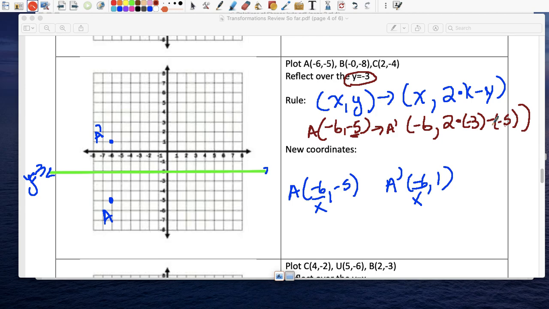Okay, let's see if that works. So A prime is -6. 2 times -3 is -6, right? Minus -5 is the same thing as +5, and -6 plus 5 is -1. So we get -6, comma, -1. Uh-oh, did I count this wrong?